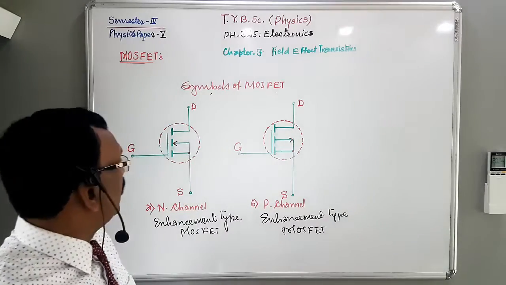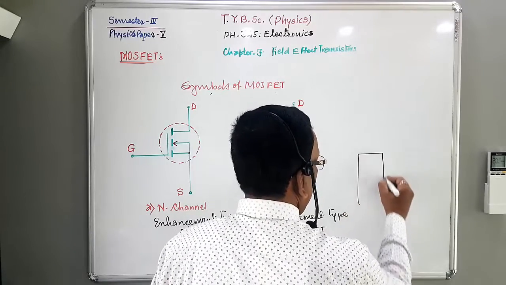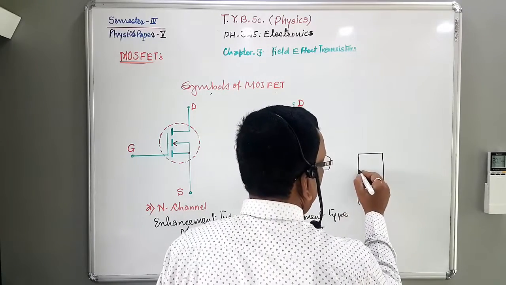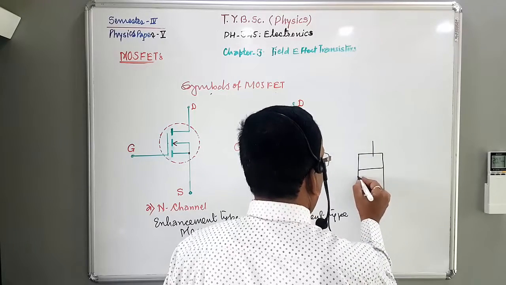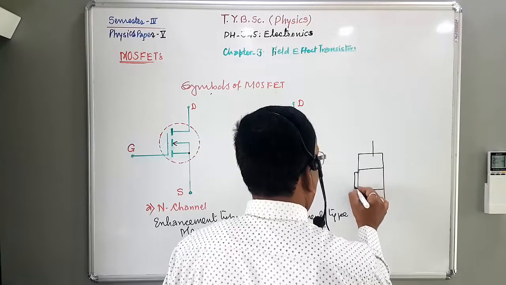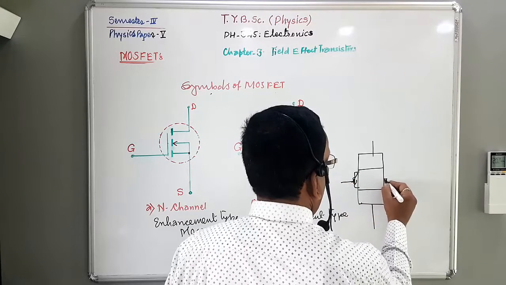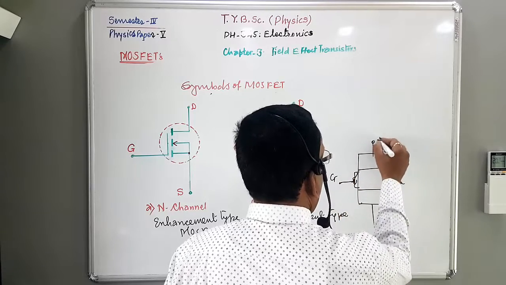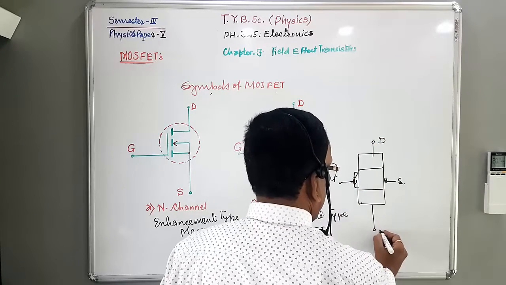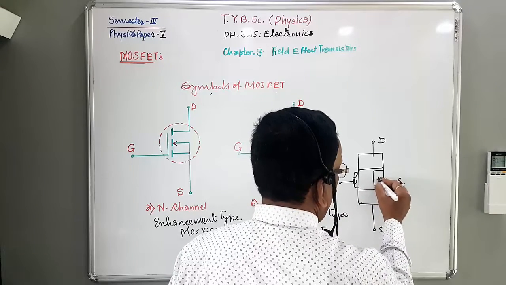There is no direct channel because we studied the structure of the enhancement type. This is silicon, this is the metal, this is also a terminal substrate, this is gate, this is drain, and this is source, and this is the P substrate.